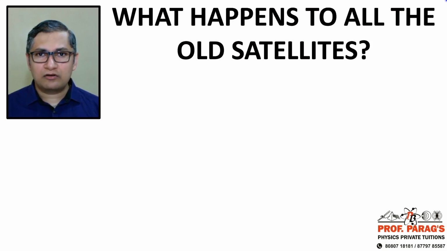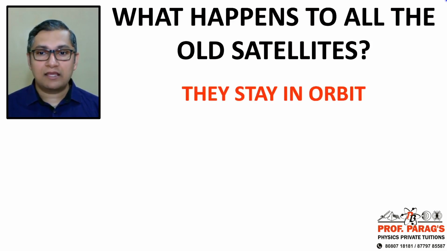So for 15 years or so they will communicate information to Earth. After that they will stop working, but they are still going to stay in orbit. They are not going to stop revolving around Earth. They stay there in orbit forever.